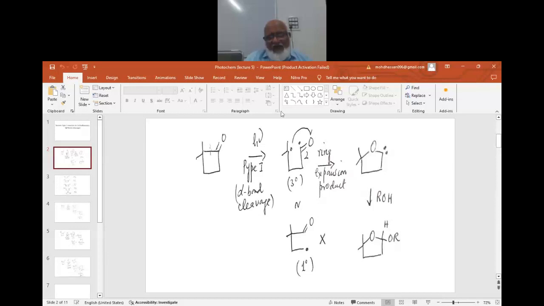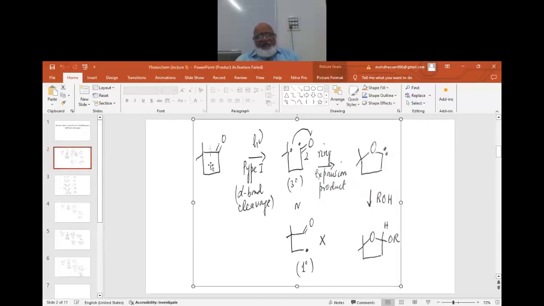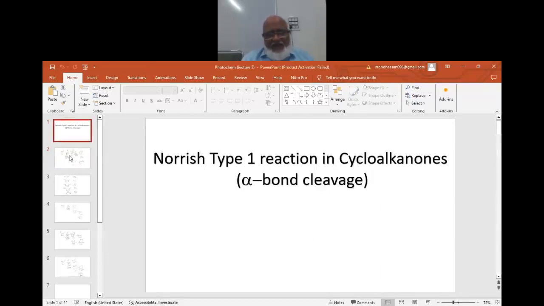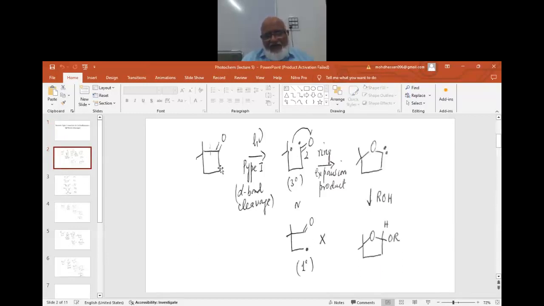Okay, so this is another slide about the Norrish type 1 reaction. Here you can see there are two alpha carbons, here and here. One alpha carbon is dimethyl substituted. This will undergo type 1 reaction, alpha bond cleavage.